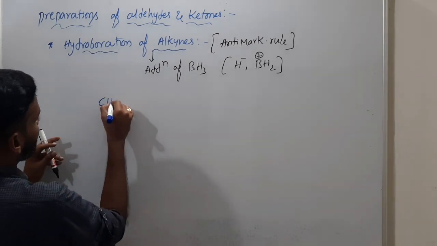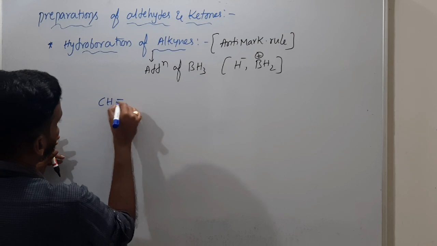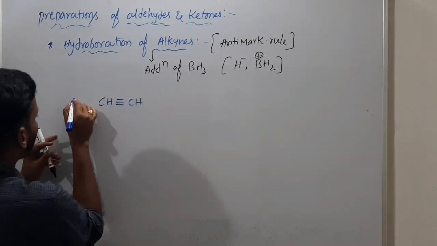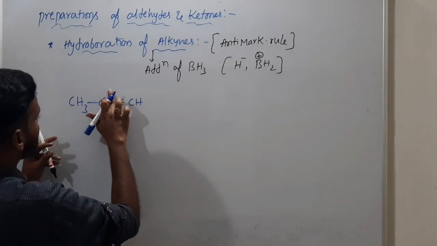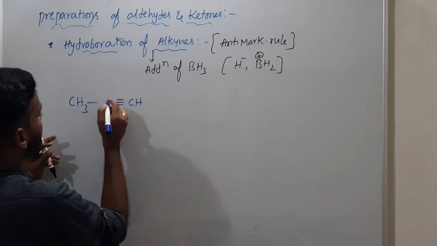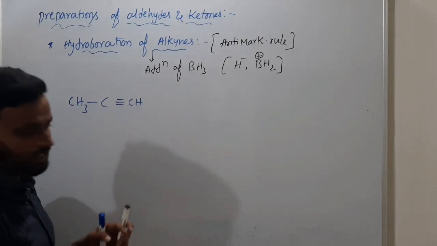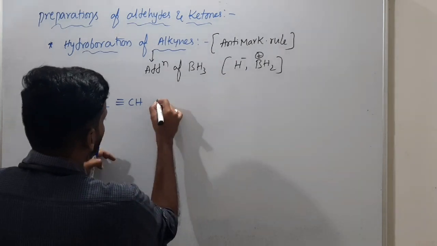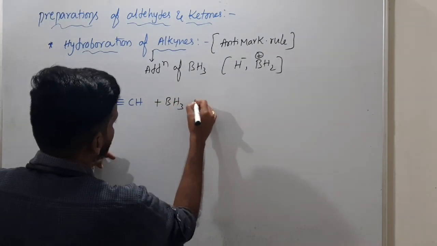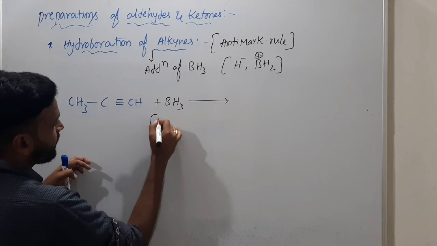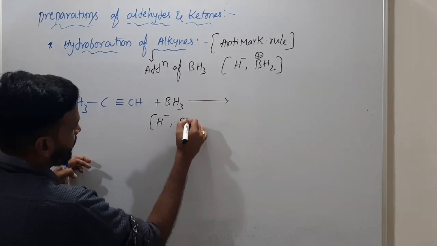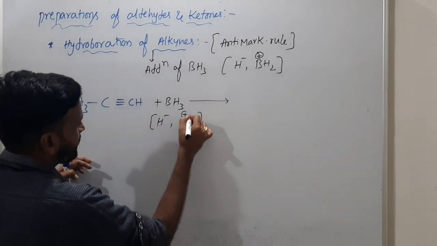Getting? Suppose I take CH triple bond CH, or if you have some methyl here, CH3C triple bond CH. For this I am adding BH3. BH3 means what I said, H minus and BH2 plus, right?